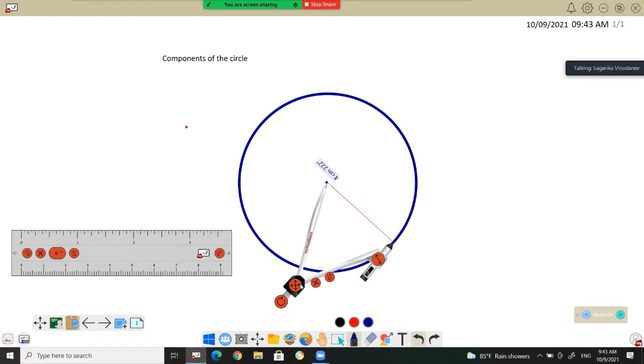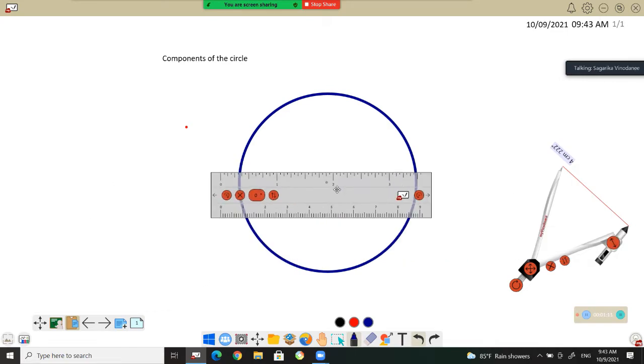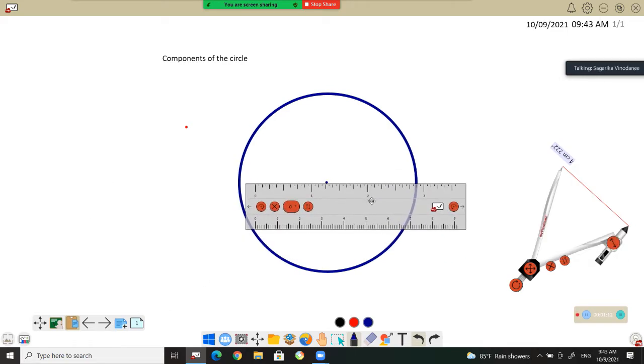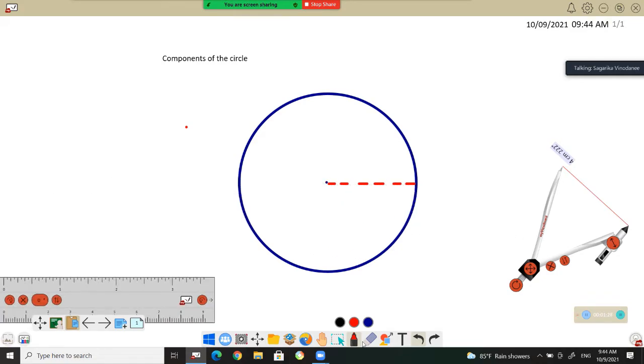So first, we can draw a line between the point we already kept and the circle. The line I can mark using a broken line. I can draw a lot of such lines, right?